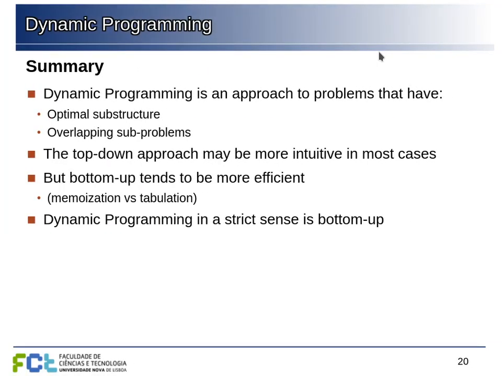So this top-down approach that we saw first can be more intuitive. When we have these problems with an optimal substructure, typically the recursive solution is quite obvious, because we can think about how to reduce the problem a bit.